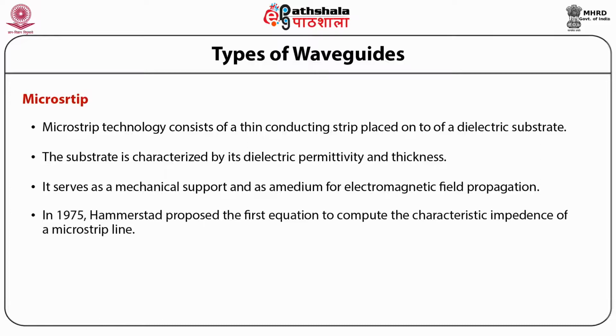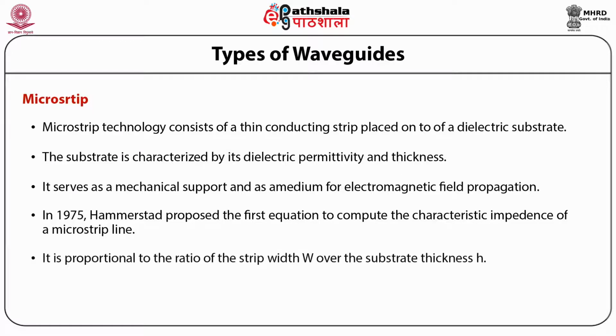So in 1975, Hammerstad proposed the first equation to compute the characteristic impedance of a microstrip line. It is proportional to the ratio of the strip width over the substrate thickness.